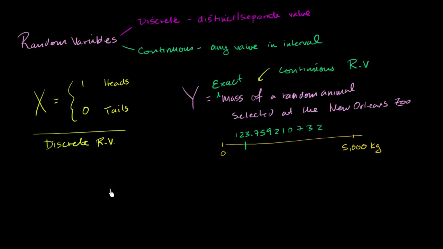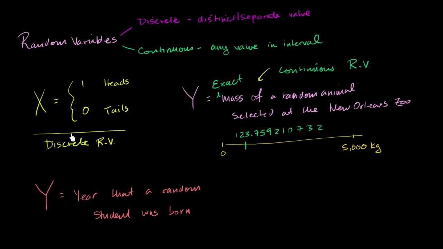Let's think about another one. Let's say that random variable Y, instead of being this, is the year that a random student in a class was born. Is this a discrete or a continuous random variable? Well, that year, you literally can define as a specific discrete year.